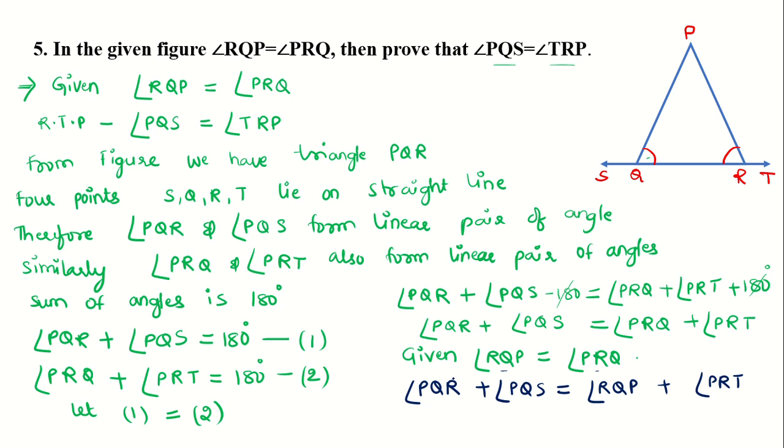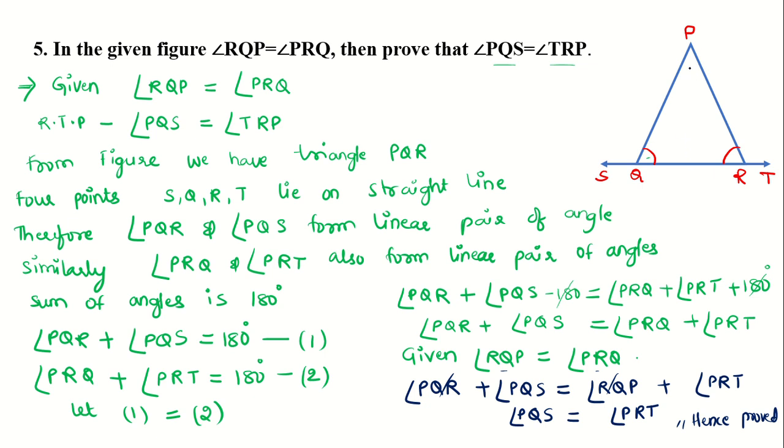Now, angle PQR and angle QRP are similar, so we cancel this. Now, you will get angle PQS is equal to angle PRT. Hence, proved. So, you were required to prove that angle PQS is equal to angle PRT or TRP, right? We proved that angle PQS is equal to angle TRP.